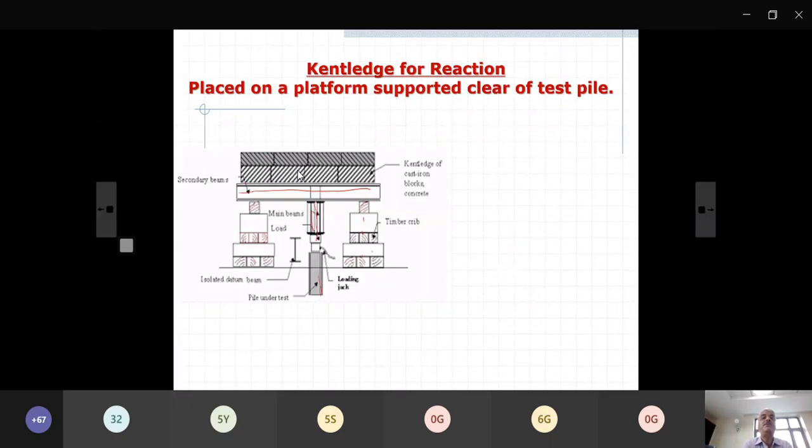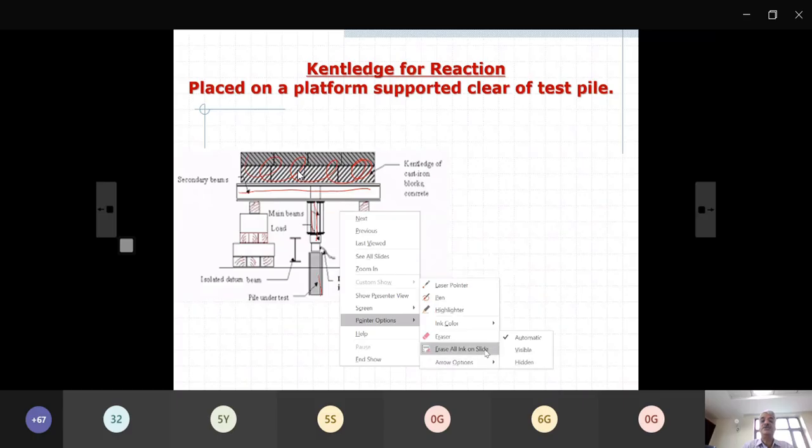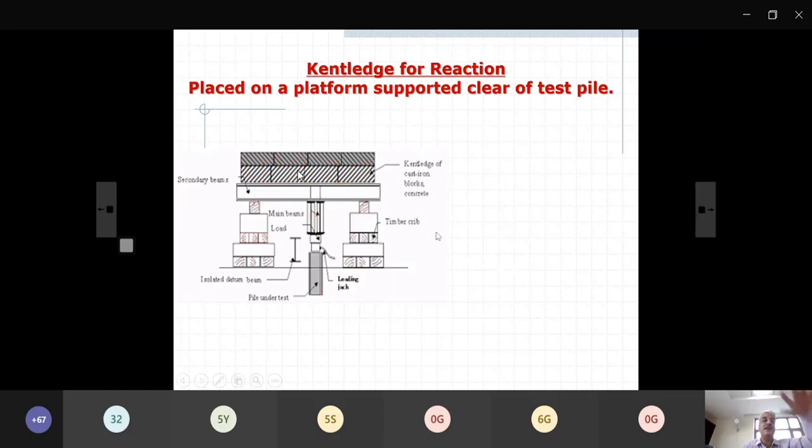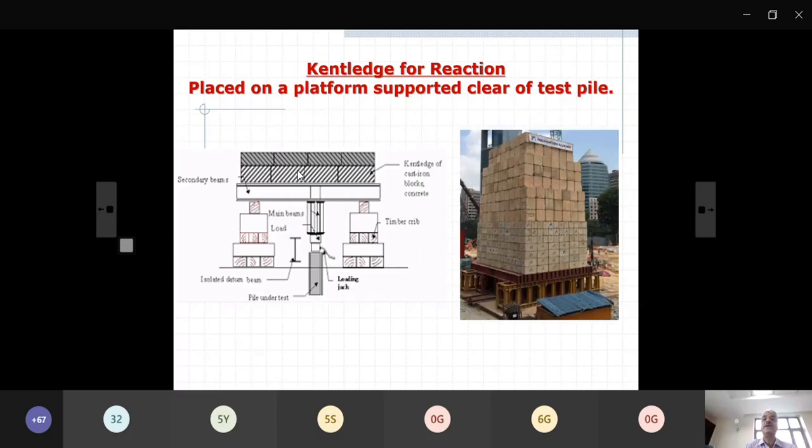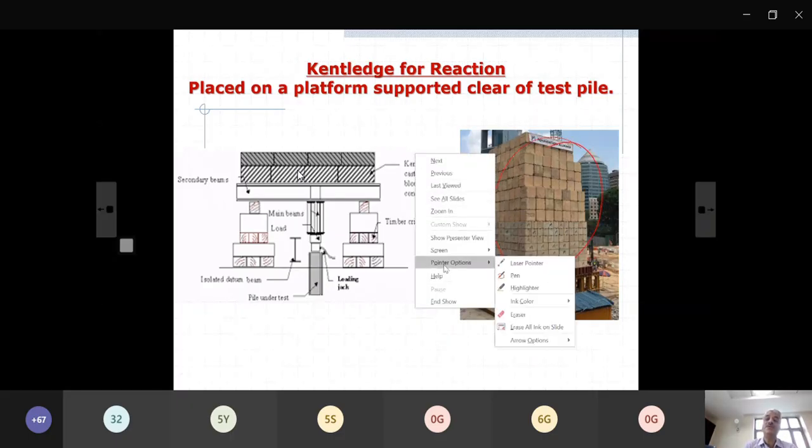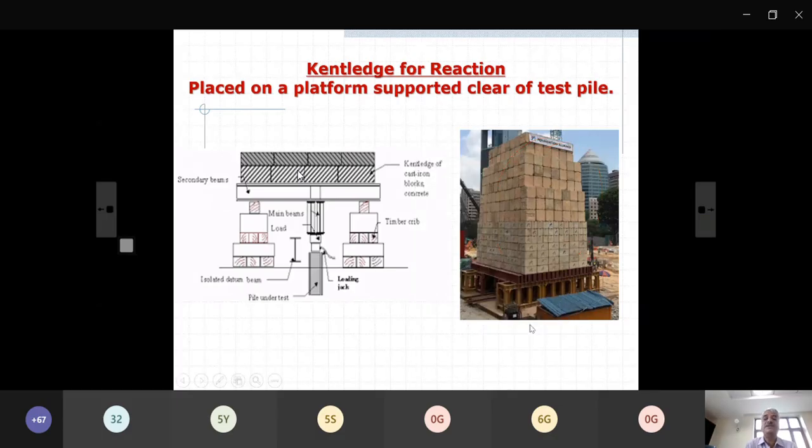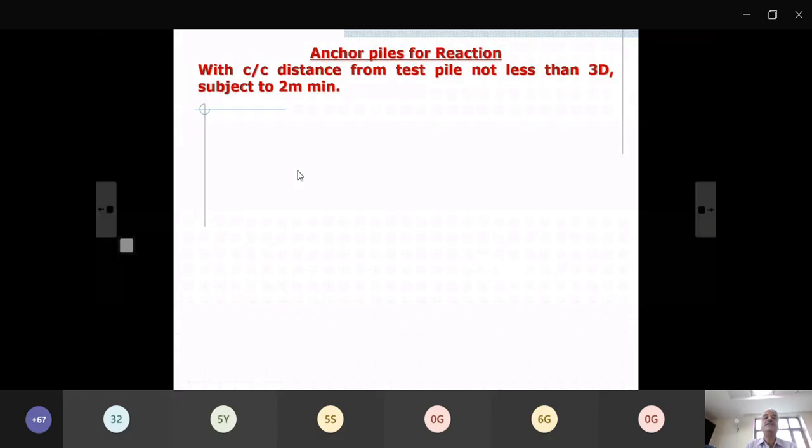And over the platform you will put a lot of weight. It can be concrete blocks, it can be sand bags or whatever. A physical load over the cantilever like this. Here you can see this is the platform, and over that you put a large number of blocks. You can put cement bags, whatever you want to put. That is the cantilever system for reaction.